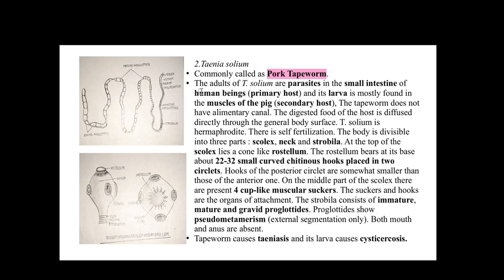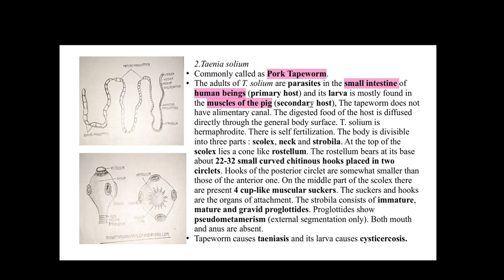Why pork worm? Because their secondary host is pig. They are parasites in the small intestines of human beings. Human beings are the primary host of Taenia solium. They are mostly found in the muscles of the pig. Pigs are the secondary host.